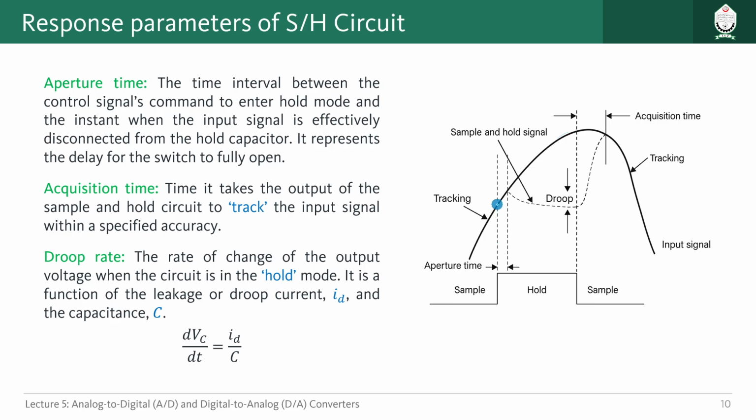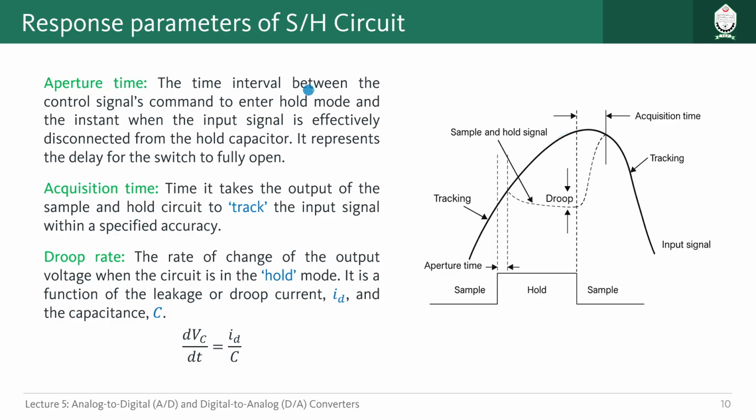Even though we have given the signal to turn off at this particular time, it has responded after some time, and after that the holding stage has started. So for this duration the output was following the input, and after that the output voltage is holding the voltage, and this is called the aperture time.